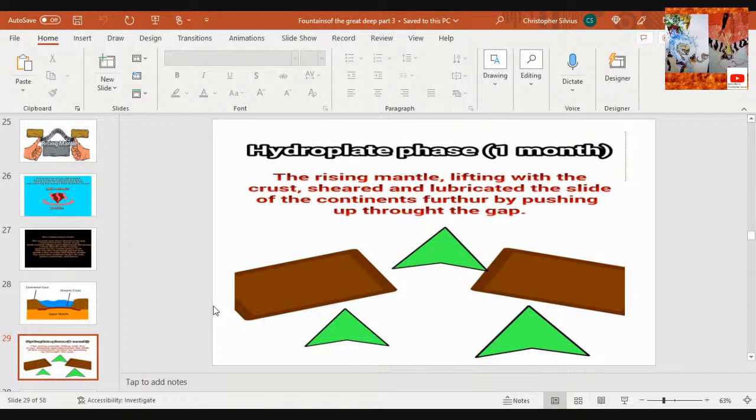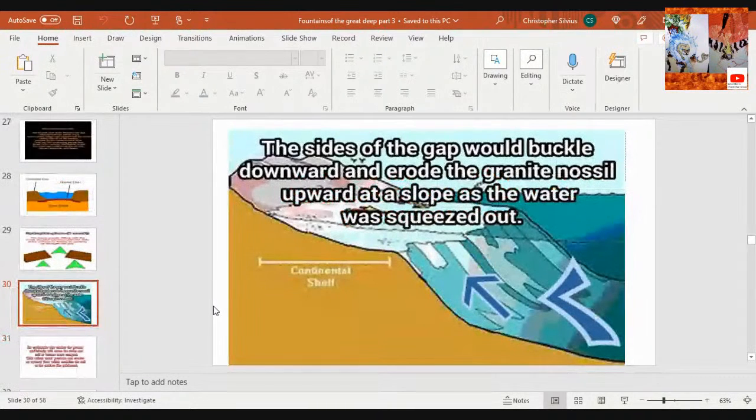It creates, with the supercritical water and all of the magma, a sliding effect. The sides of the gap would buckle downward, eroding the granite upward at a slope as the water was squeezed out. That's why the continental shelves are beveled.